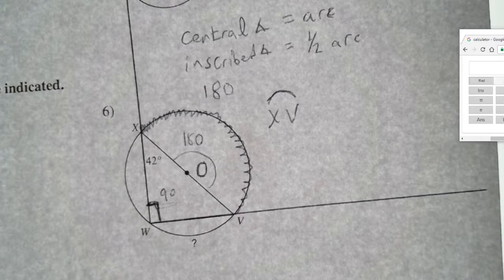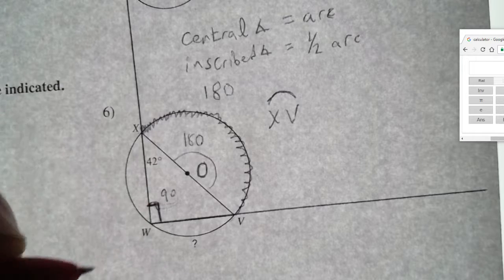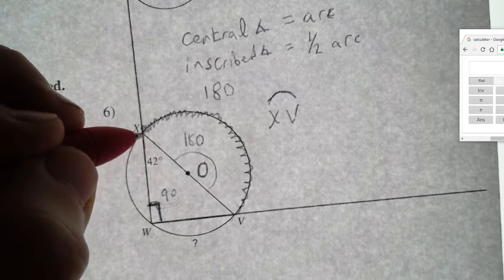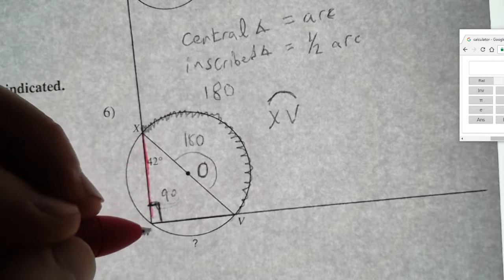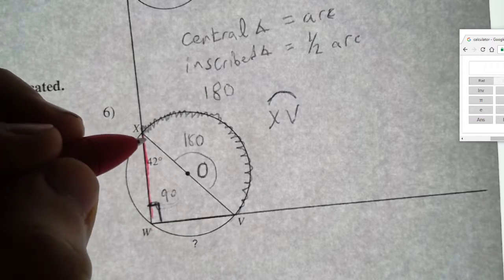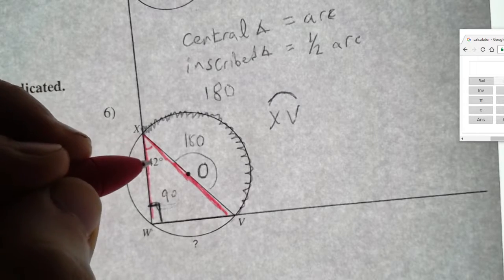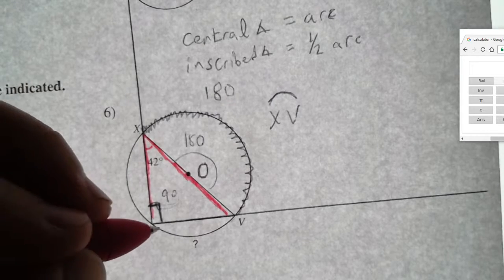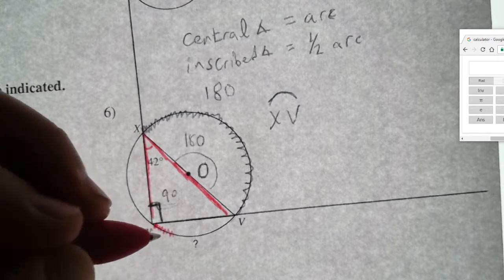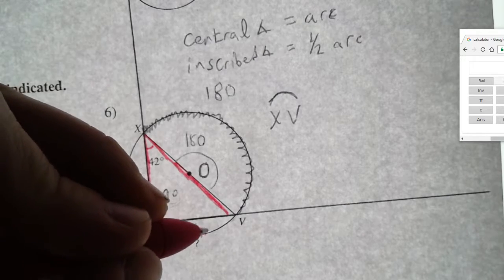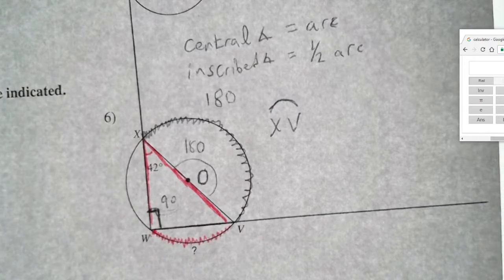So let's take a look at this first example. We actually just found out that this angle here is 90. I know that this angle WXV, they give us that angle is 42, and they want to know, what's the measure of arc WV?